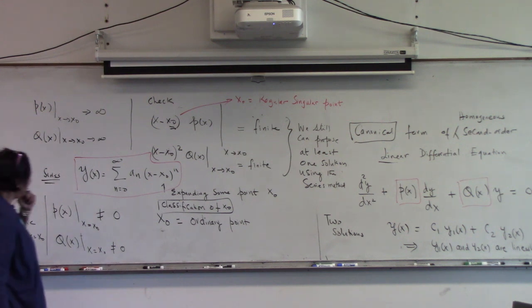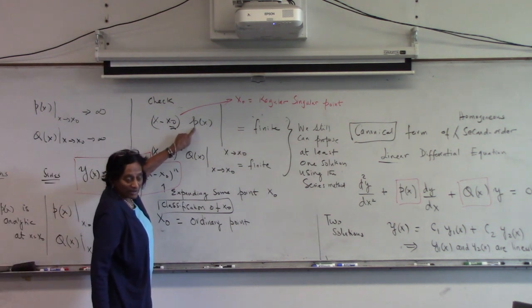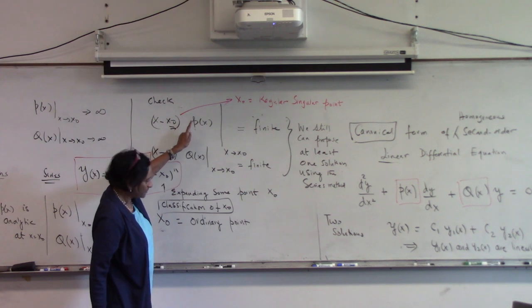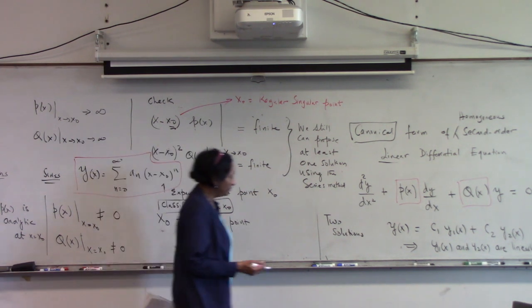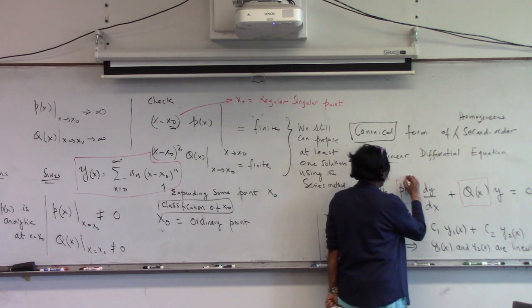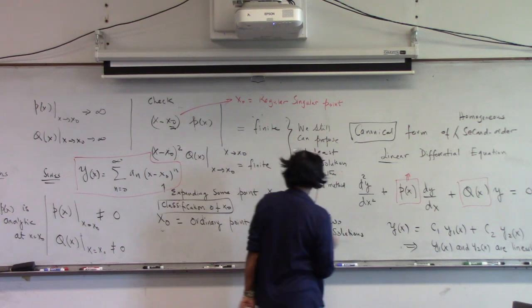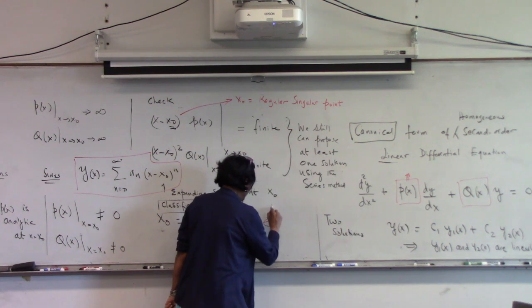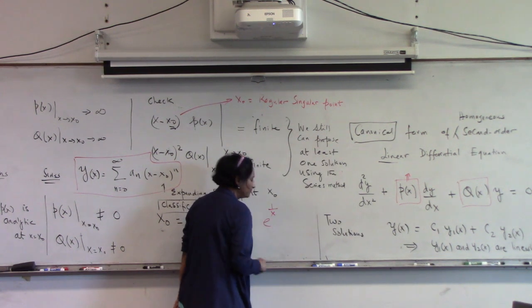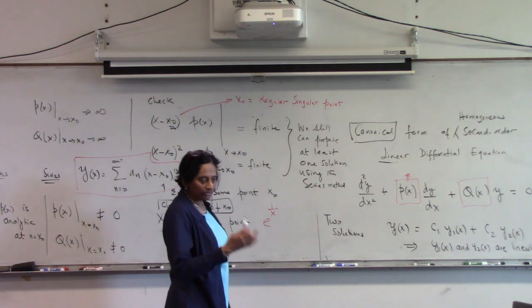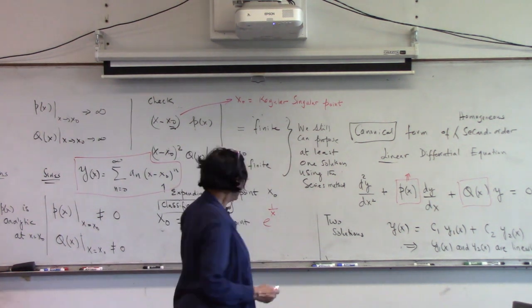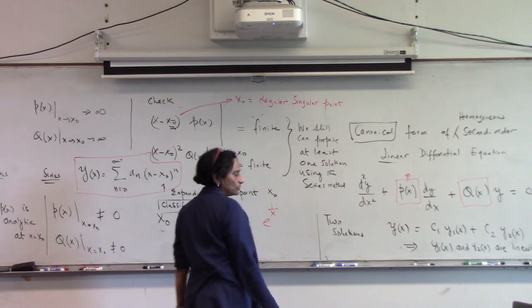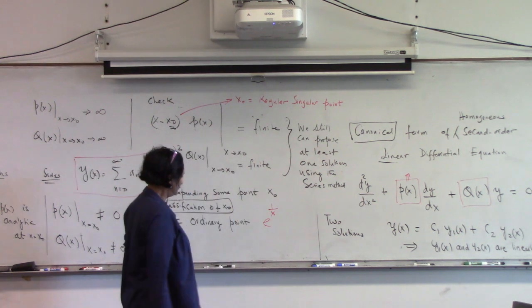Now, what if I had p of x as exponential of 1 over x, and my expansion point x naught is 0? What happens then?